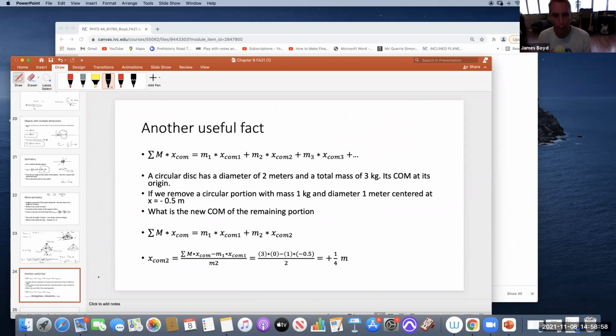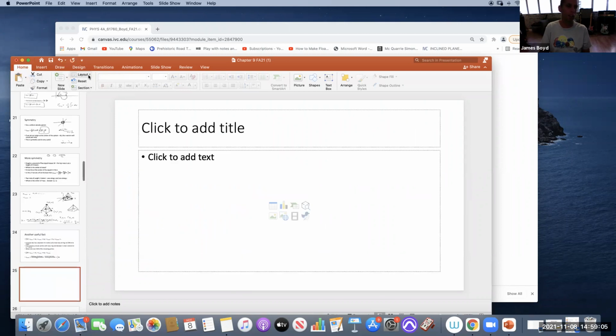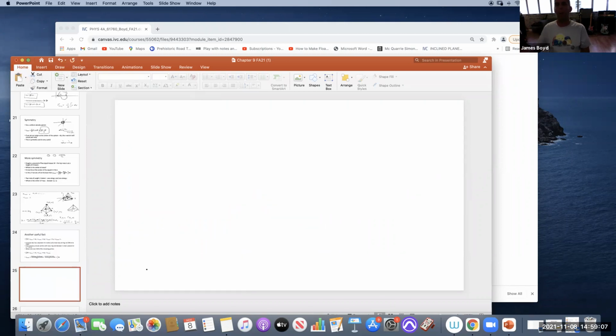Okay, so here's another cool fact. And this fact I'm going to try to do a little bit better job explaining. So the total center mass of an object is equal to the center mass of each object times their mass. So what I mean is, imagine you have a box with a sphere on it, on top of a bunch of rods, and they're all glued together.